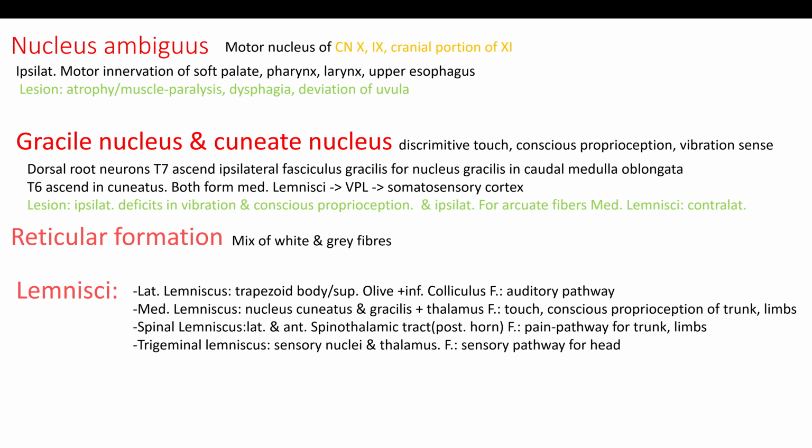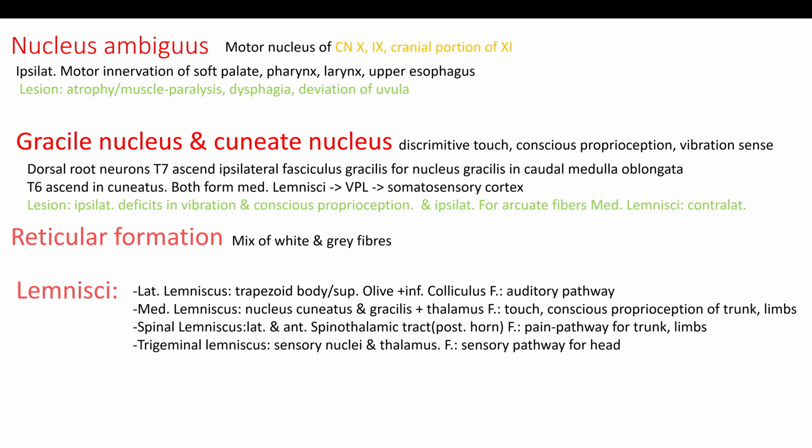Now, the nucleus ambiguus is a motor nucleus of CN X, IX, and the cranial portion of CN XI, located behind the olive. It is connected with the motor innervation of the ipsilateral muscles of the soft palate, pharynx, larynx, and upper esophagus. Axons of the motor neurons in the nucleus ambiguus course with these three nerves to innervate striated muscles.